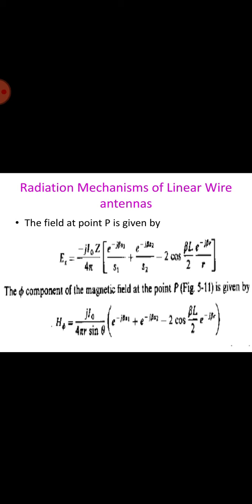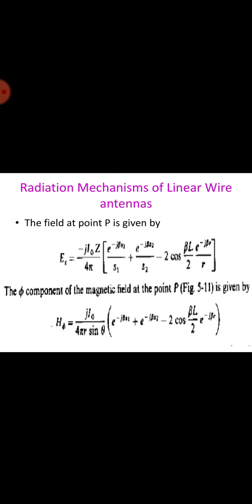Okay, the phi component of the magnetic field at this point will be given by H phi is equal to j I naught by 2 pi r sin theta into (e power minus j beta s1 plus e power minus j beta s2 minus 2 cos beta L by 2 into e power minus j beta r).